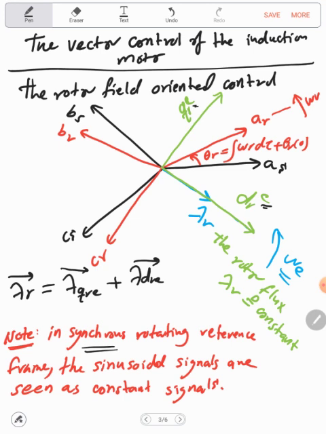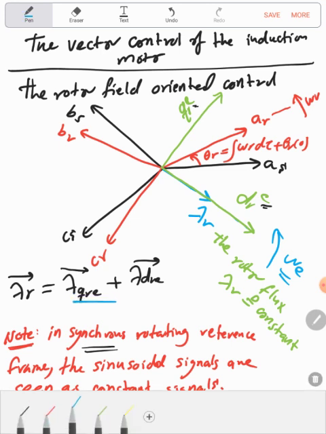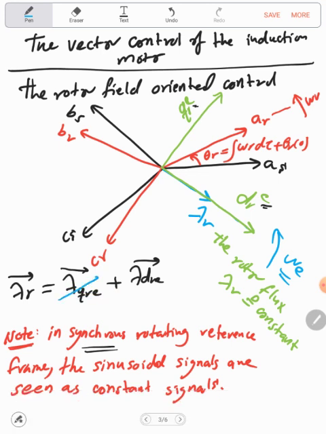Now, due to our selection, the q component will go to zero because all the flux is directed toward the d axis, and we will end up with lambda dre equal to lambda r, which by assumption is a constant.